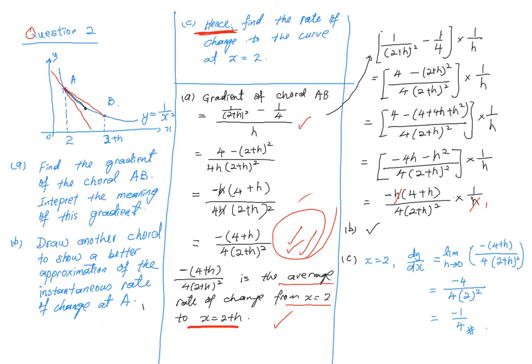You see or not? So if for part B, part C, you fail to write this with the word hence here, I'm not going to give you mark. The word hence in a question means use the information that you have in part A or part B and solve this part.